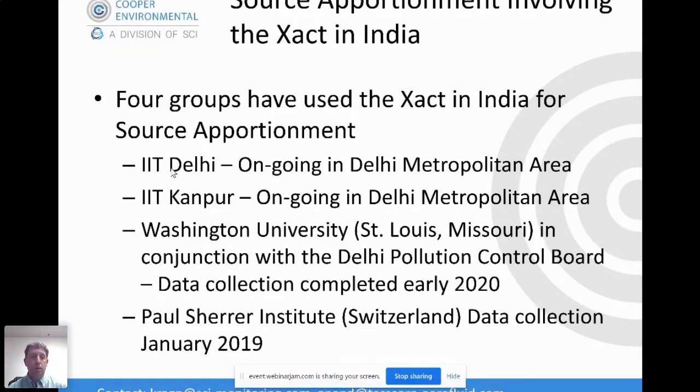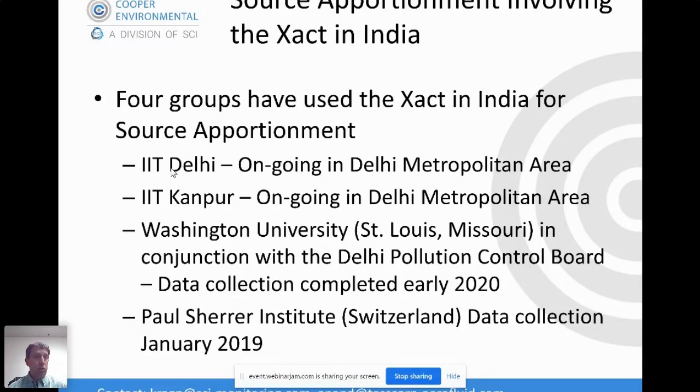They're still gathering data. IIT Kanpur is also participating in the study. They're also monitoring in the Delhi metropolitan area. Washington University, which is a university based in St. Louis, Missouri, cooperated with the Delhi Pollution Control Board on a study that did some monitoring outside of National Stadium in Delhi.